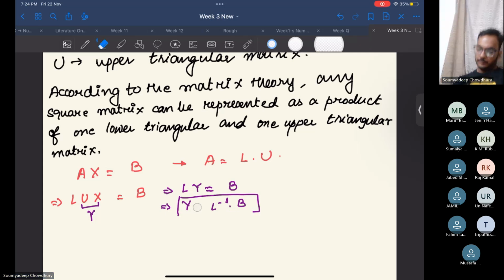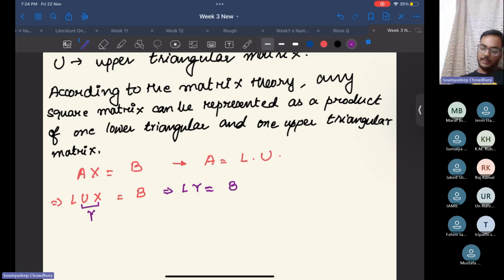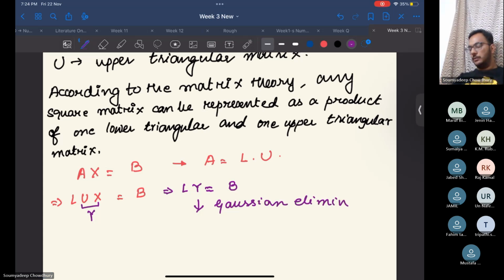Sorry, we will not use the inverse technique here. We will use the Gaussian elimination technique to find out Y.